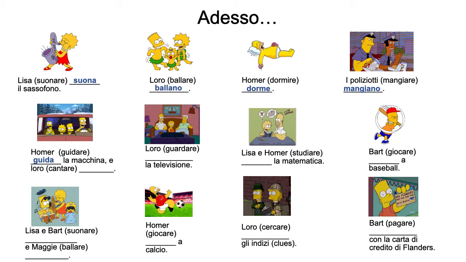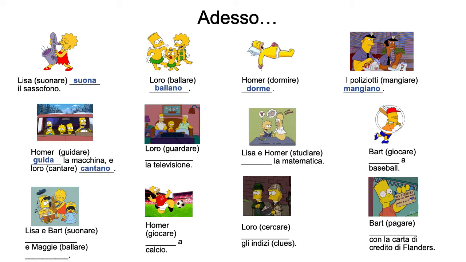And then the second part says loro cantare. So I need the loro form of cantare, because if you look at the image you will see that all of them are singing. They sing, right? So loro cantano. Ano is the correct ending for loro, right? In the next one we again have a group of people, right, doing the action, in this case watching TV.